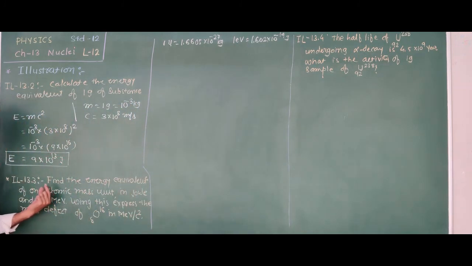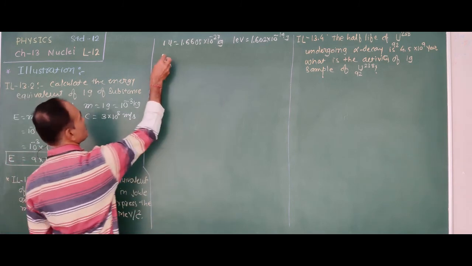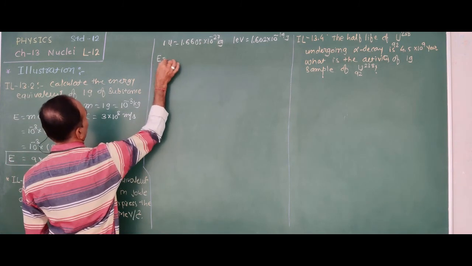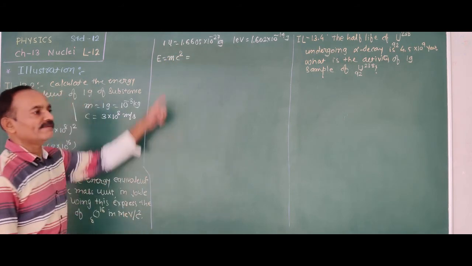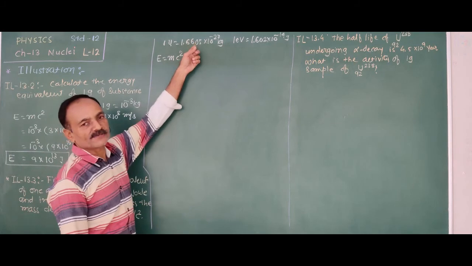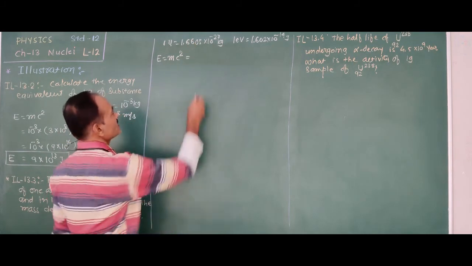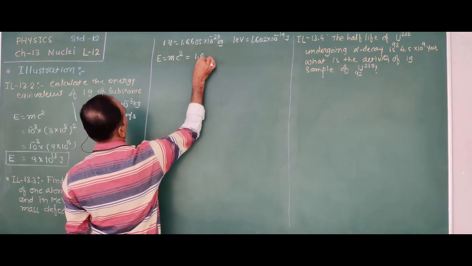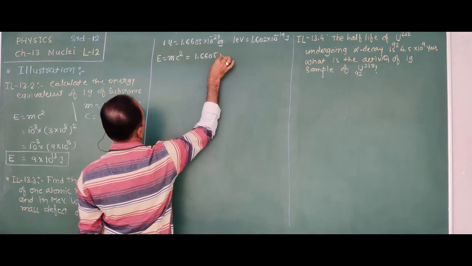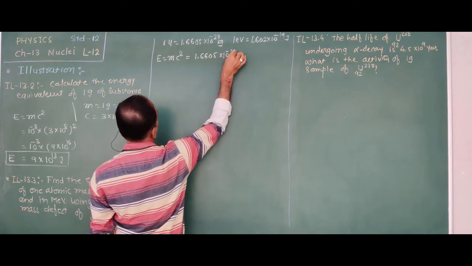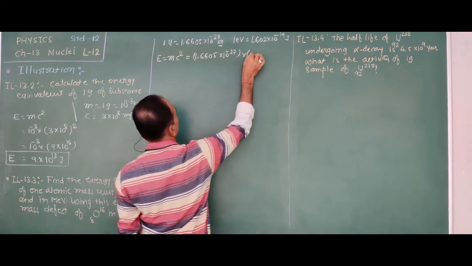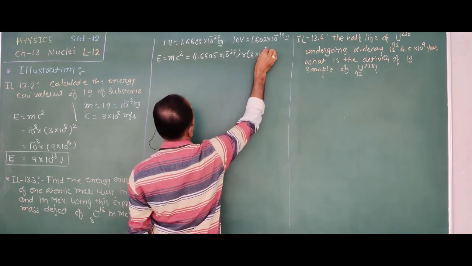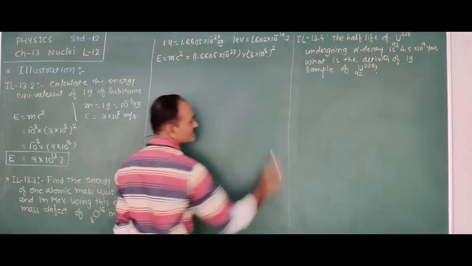Now, first we find the energy equivalent of 1 atomic mass unit using the equation E is equal to mc squared. m is 1 atomic mass unit, which is 1.6605 into 10 raised to minus 27 kg, into the velocity of light, 3 into 10 raised to 8, whole squared.